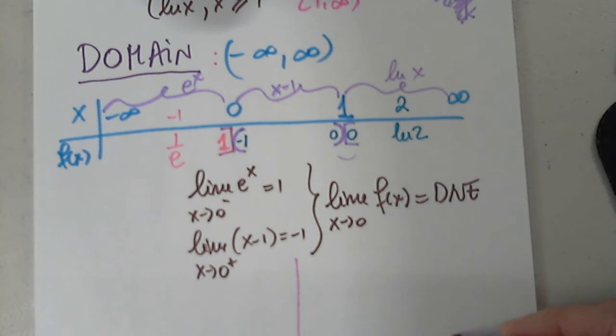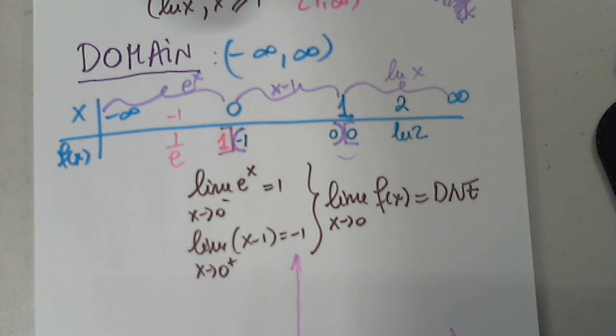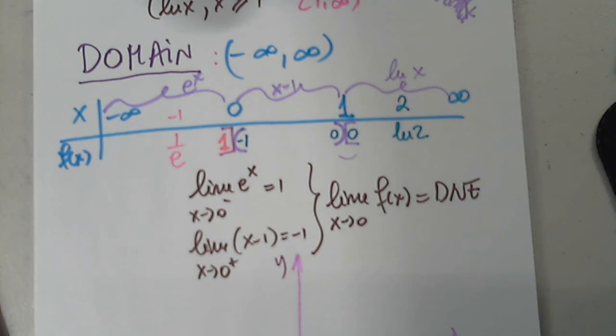So now let's graph. I will graph in 3 different colors only because I want you to understand that the 3 branches cannot overlap. I love my colors as you see, but that's not the issue. What I'm saying is I will graph them in 3 different colors, although it's only one function, just to signify that they do not ever overlap.